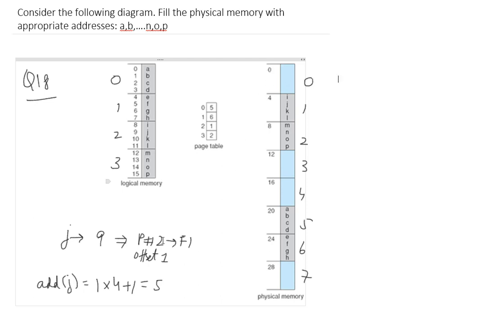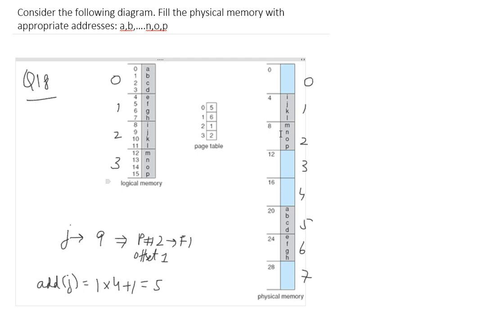So from page you can go to frame, and within offset you can find the address: frame 1, offset 1, or the absolute address, where you multiply by 4, which is the size of the page. So if this was 2, you multiply 2 by 4, 8, plus 1, 9.